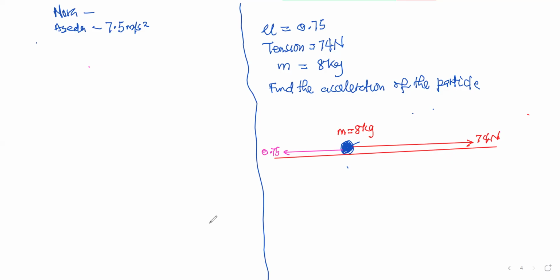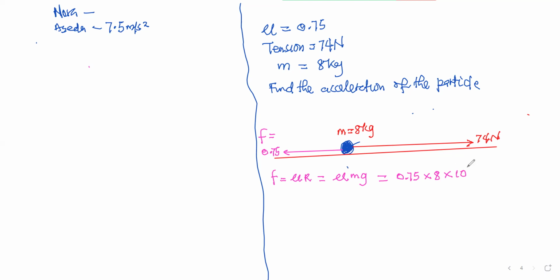So by this, we can calculate the frictional force F. Frictional force is mu times the reaction force, and the reaction force is equal to the weight when the body lies flat on the floor. So friction will be 0.75 times the mass, which is 8, times acceleration due to gravity, which is 10.